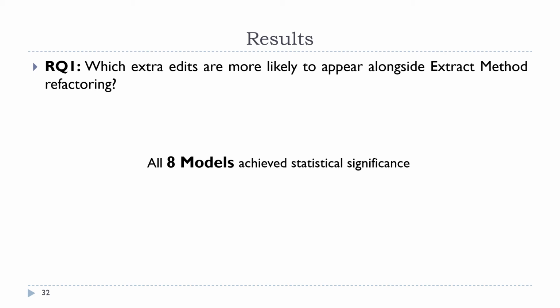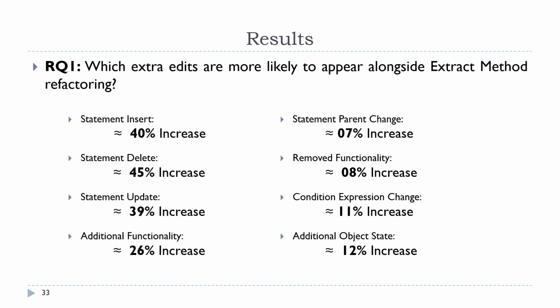That is, the odds of any of the extra edits under analysis appearing is impacted by the presence of an extract method. Coincidentally, all edits had increased odds, with statement delete having the highest increase and statement parent change the lowest.